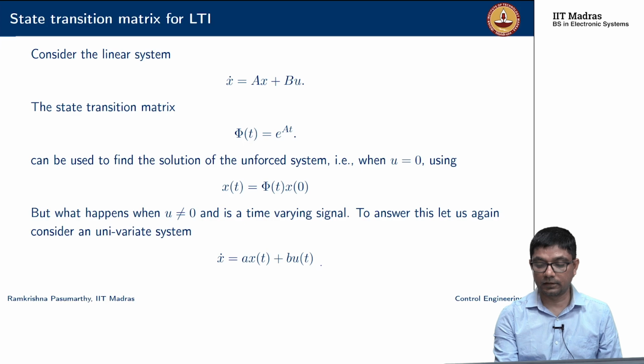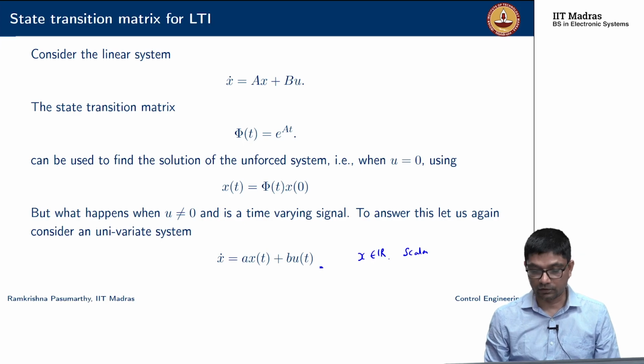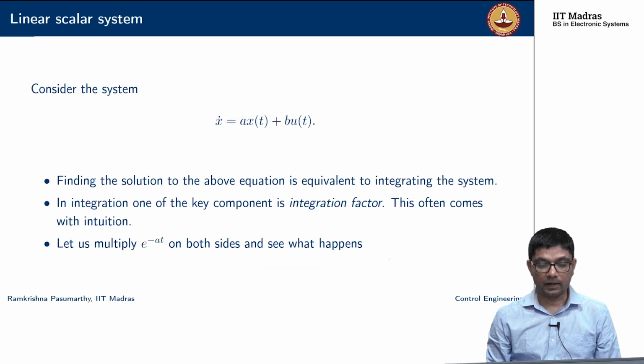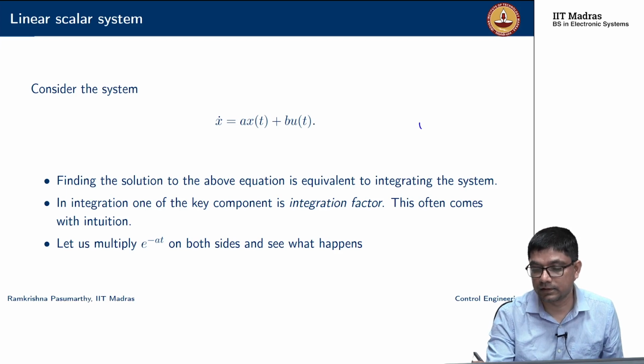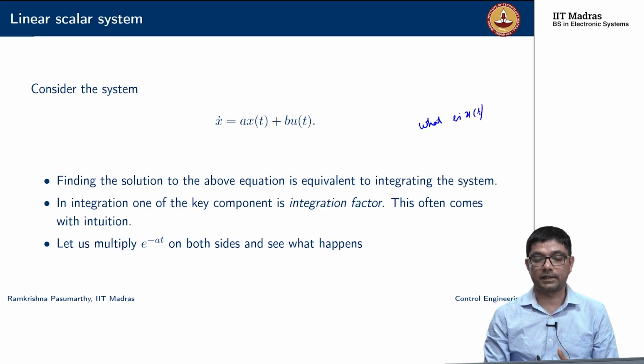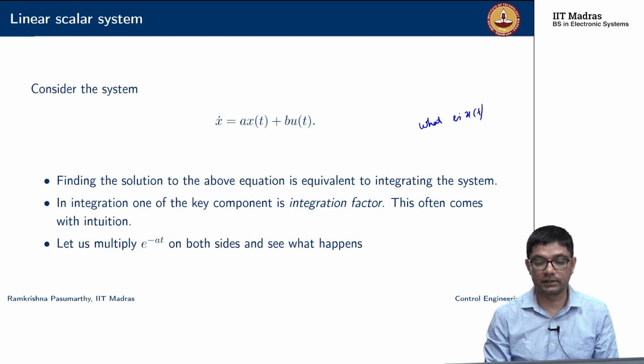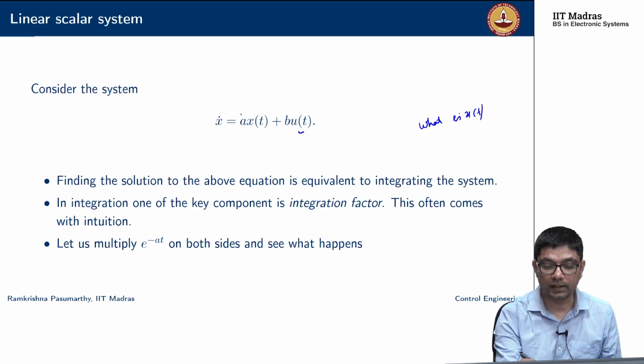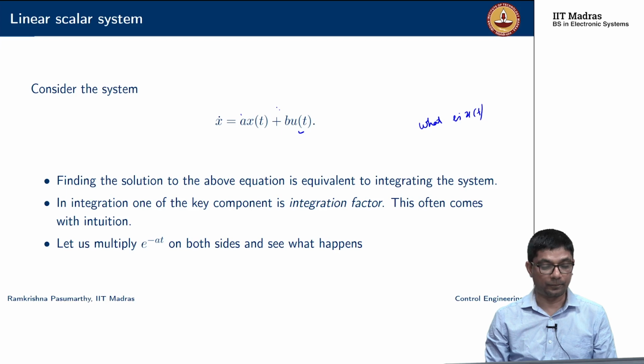So let's start with this system in R, also a scalar system. The u is also a single input, and x dot equal to Ax plus Bu. So again the question is, how does x evolve or respond with respect to initial conditions, the control input, and these numbers a and b.